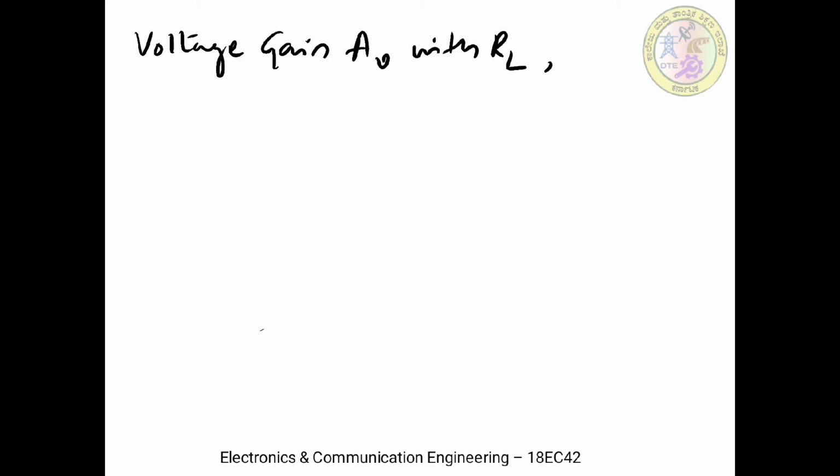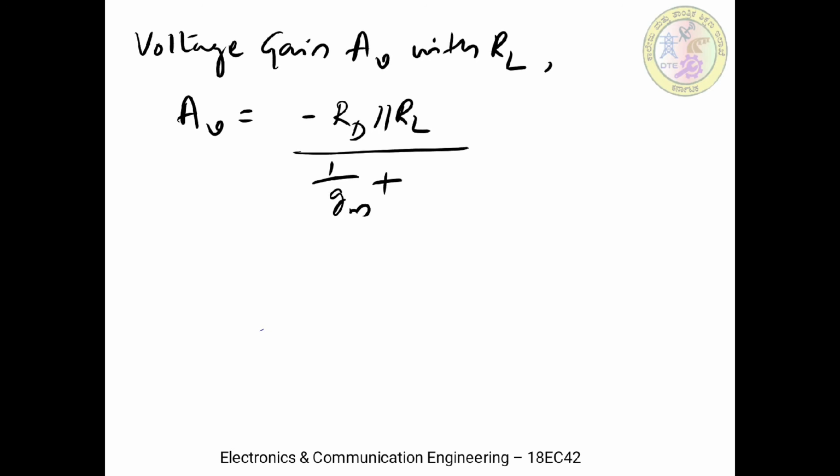Therefore, the voltage gain AV with RL is given by AV equal to minus, in place of Rd we have to write Rd parallel to RL, that's all. The remaining terms are the same, 1 by Gm plus Rs.